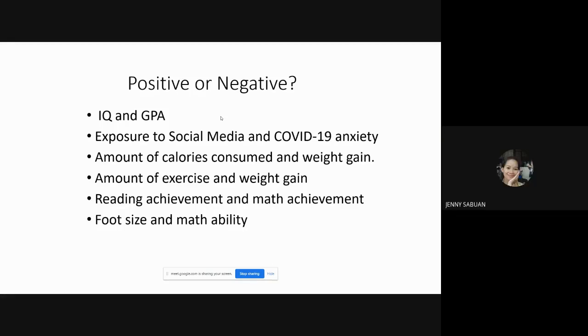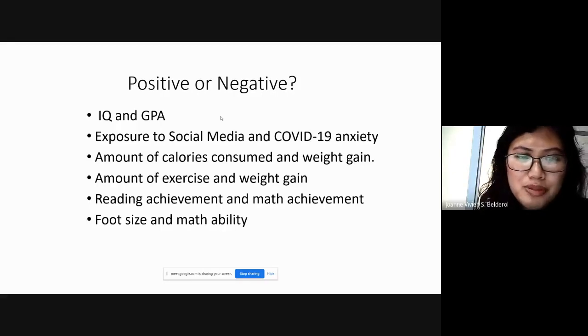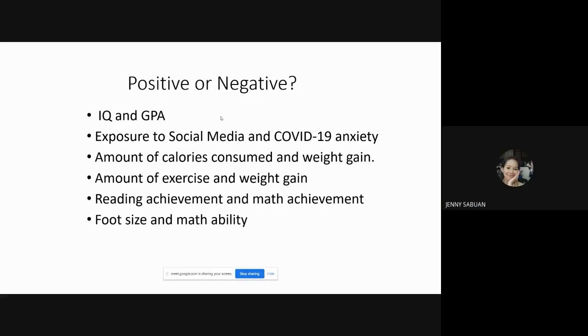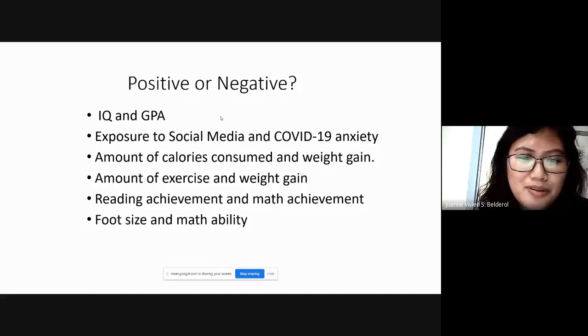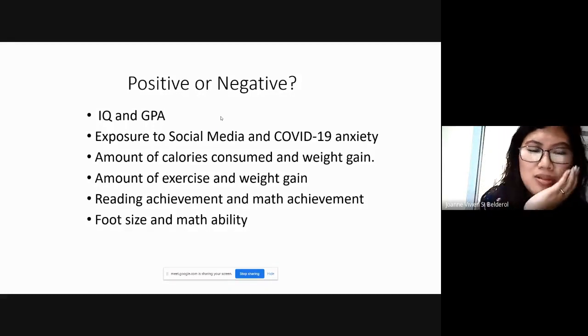Positive. Which means that the more, the more. Amount of exercise and weight gain.